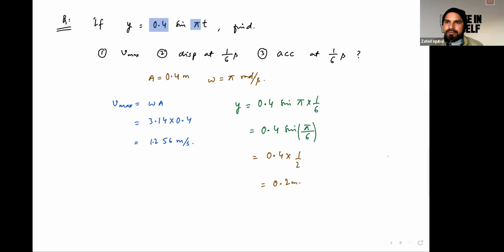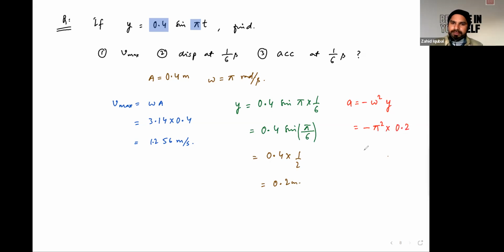Now in last part, we have to calculate acceleration at 1/6 of a second. So according to the formula, acceleration is minus of omega squared times y. Since we have omega and y in this part, that's why I'm using this one. So omega square is pi square and y we have 0.2.